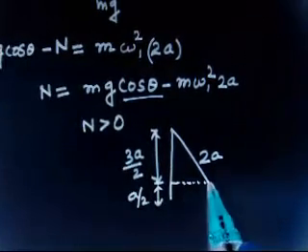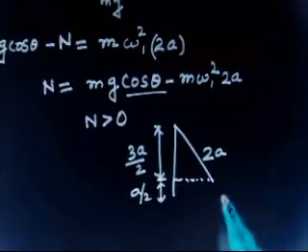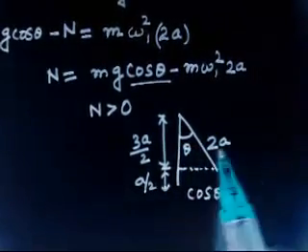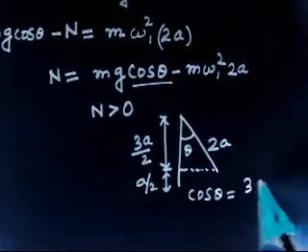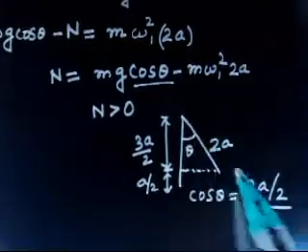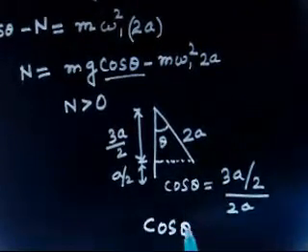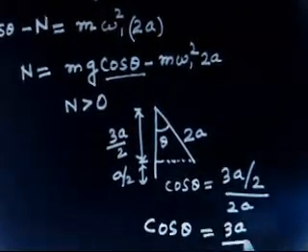This is the step. Are you getting? I think you are able to understand. So this angle is theta, so cos theta in this case will be this height, that is 3a by 2, divided by the hypotenuse 2a. So we will have cos theta equal to 3 by 4.